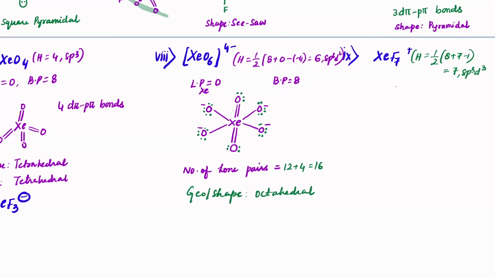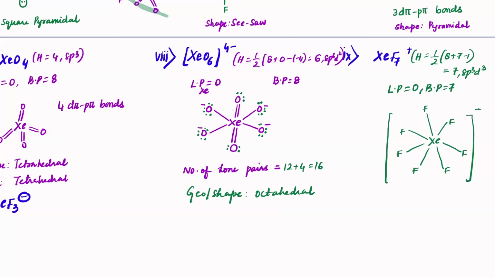So lone pairs are 0, bond pairs are 7. That makes xenon take a pentagonal bipyramidal form like this. So this is pentagonal bipyramidal, with F, F, F here, F here, F, F, and F, and the overall charge is going to be plus here.